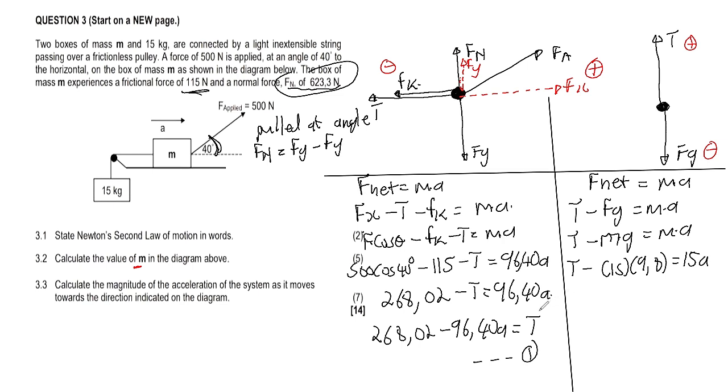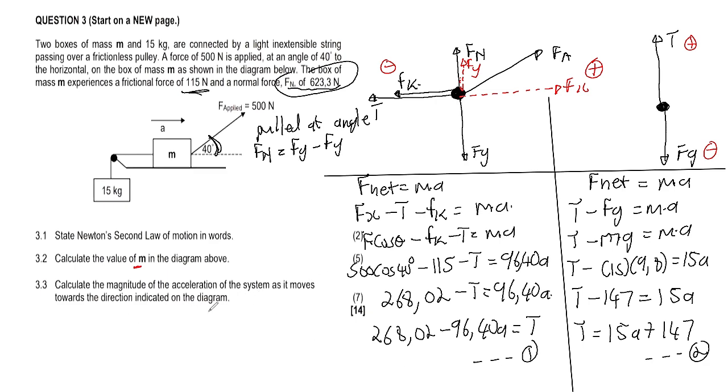So it's an unknown. Then you punch that, the 15 times 9.8 will give you 147, which will be the minus 147 here, and then 15A. Again, make T the subject of the formula. That's 15A plus 147. Then call that equation number 2.